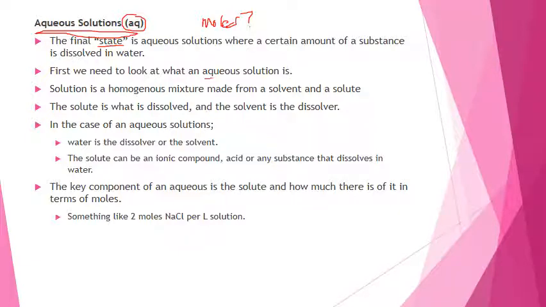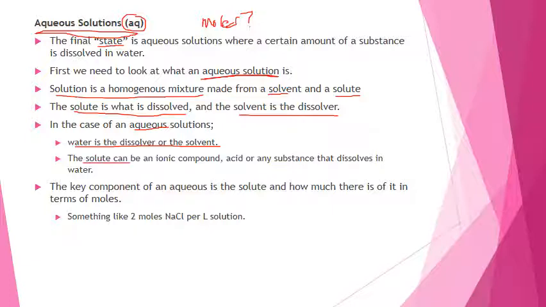Okay, so aqueous solution. What does this mean? First of all, what is a solution? Well, a solution is a homogeneous mixture made from a solvent and a solute. The solute is what is dissolved, and the solvent is the dissolver. In the case of aqueous solutions, the water is the dissolver, or the solvent.